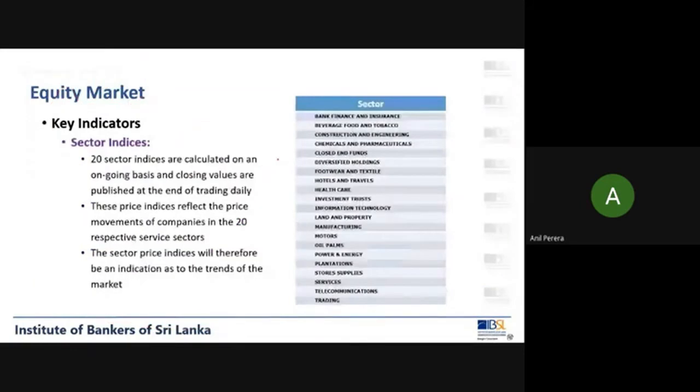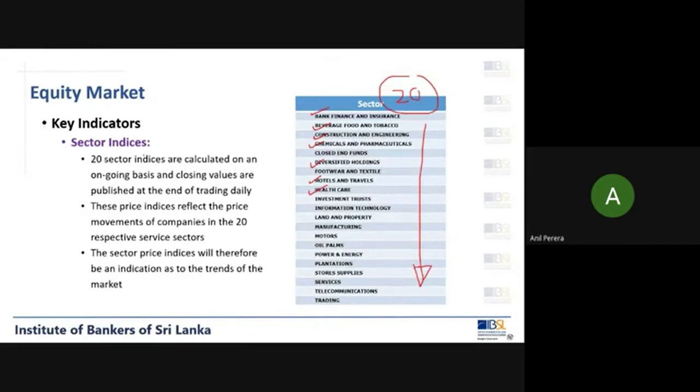Other than that, there are some sectoral indicators. I told you in Sri Lanka there are 20 subsectors in the stock market: bank finance, beverages, construction, chemicals, diversified, hotels, healthcare. Likewise, across various segments, you have different subsectors.